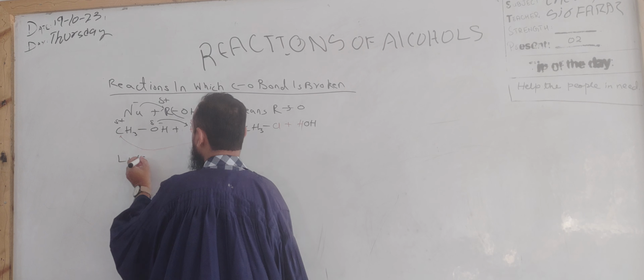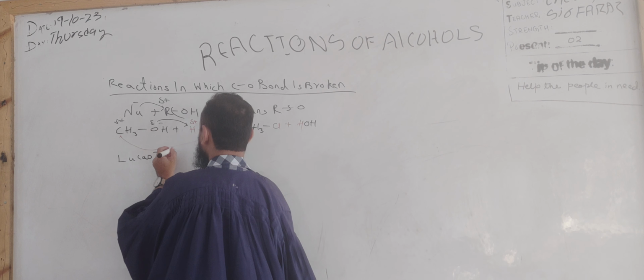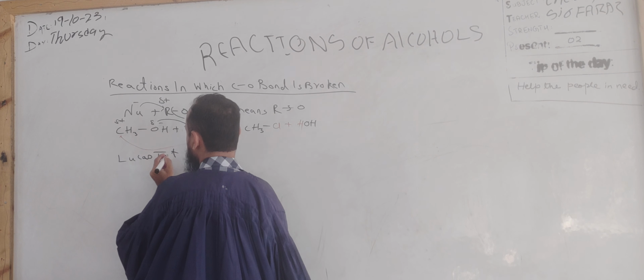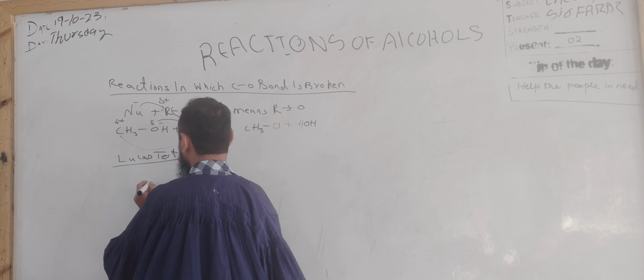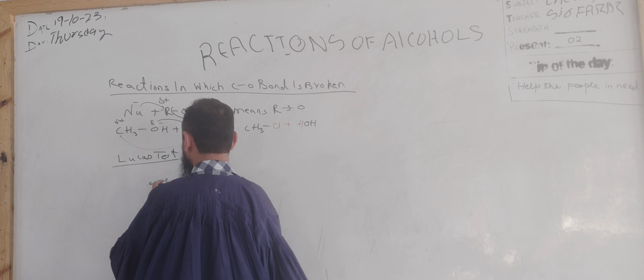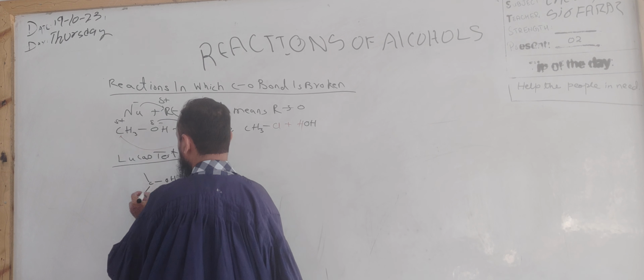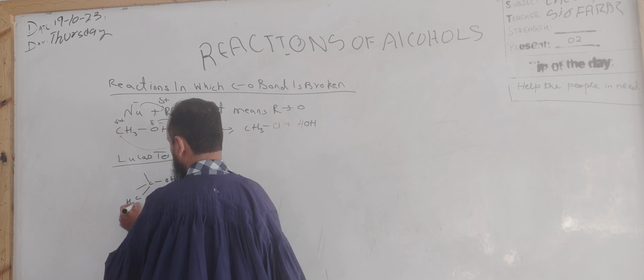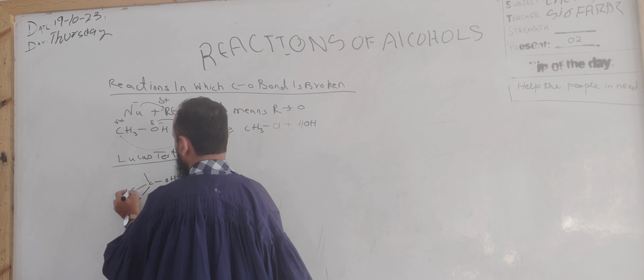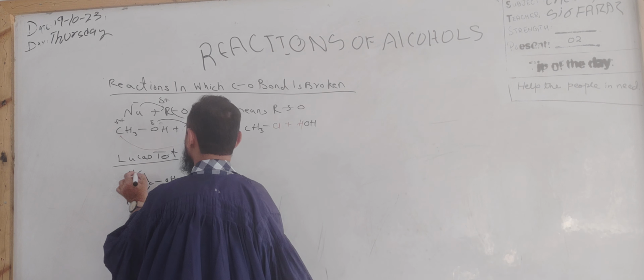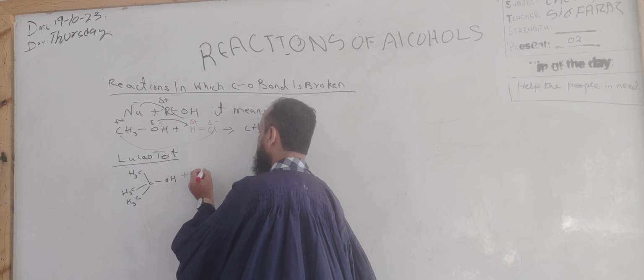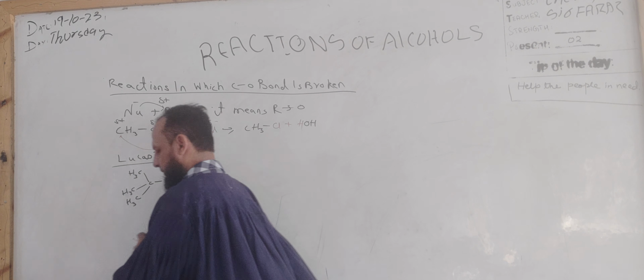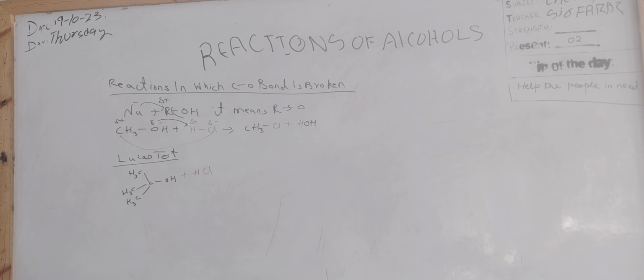Next is the Lucas test, and what is Lucas test? Lucas test is we react the alcohol, for example, we react tertiary alcohol with hydrogen chloride in the presence of anhydrous zinc chloride.